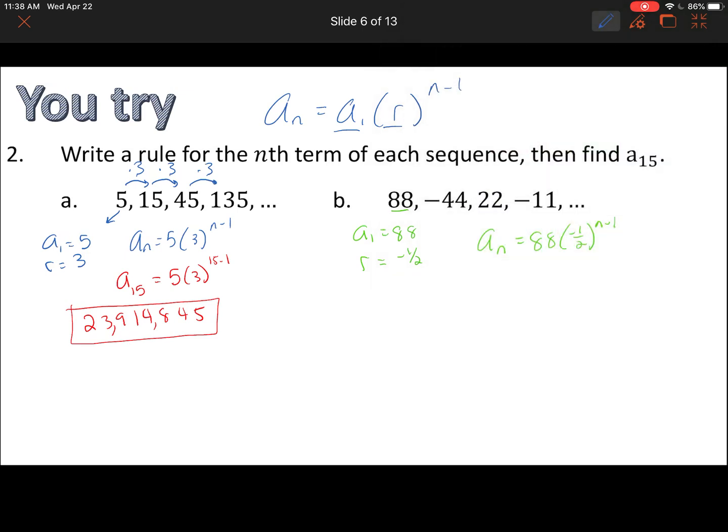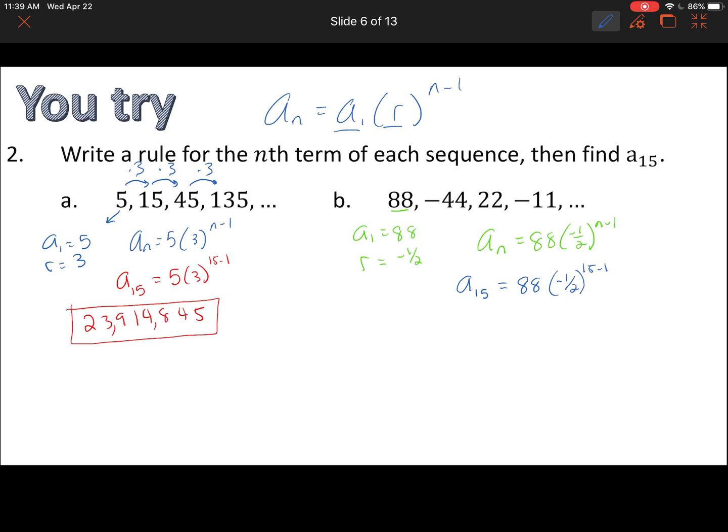And again, we need to figure out what the 15th term is. So this is actually going to end up being a pretty small number. But again, I forgot to do this ahead of time, so bear with me while I plug it into my calculator here. We're plugging in a 15 up here. So we have 88 times negative 1/2 raised to the 15 minus 1.